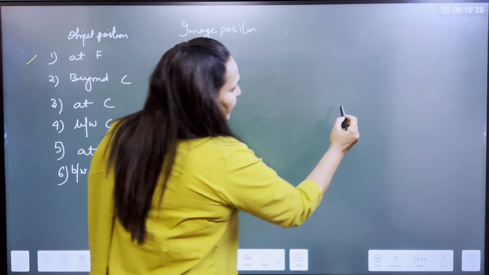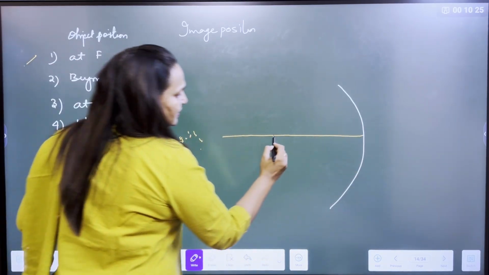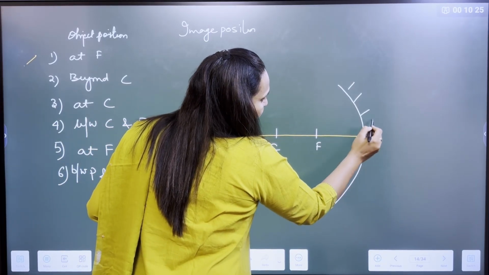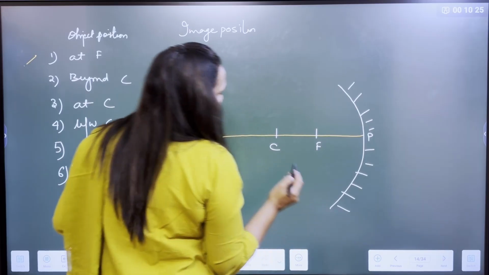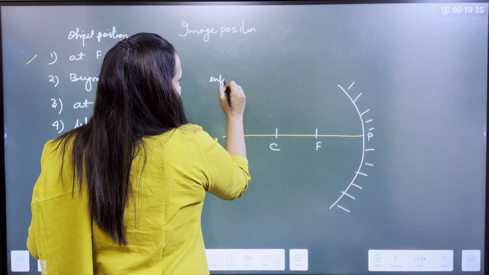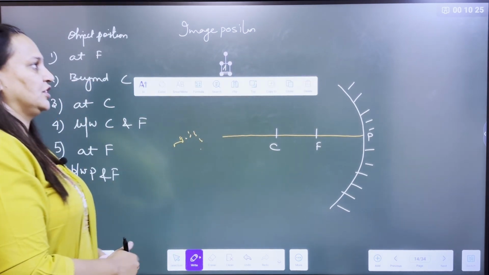See here. This is the mirror. This is the principal axis. This is the C. This is the F. This is the P. See, one thing remember. This is the first position, infinity. So we can't mark it, so we will mark infinity position.